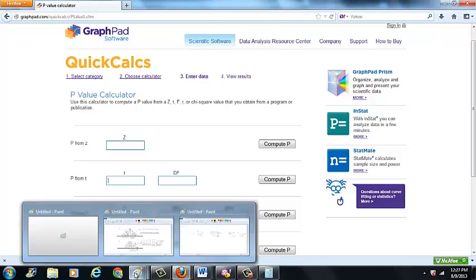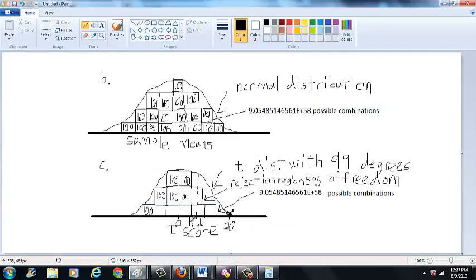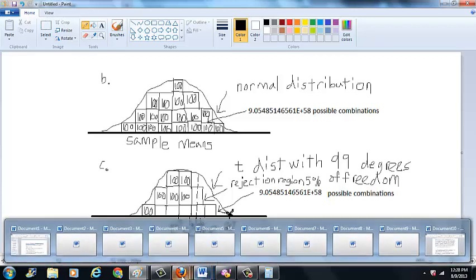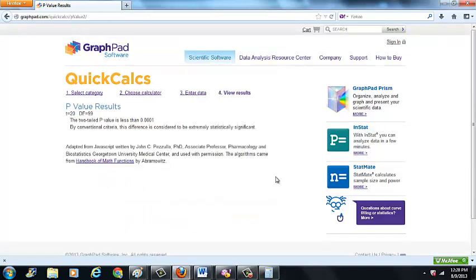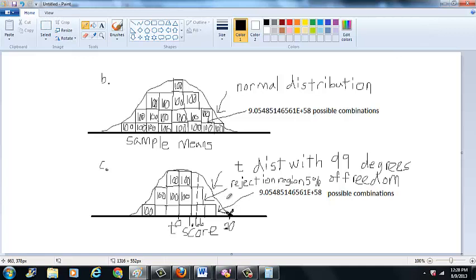We enter in our t-score, which was 20. We enter in our degrees of freedom, which was 99, because the degrees of freedom is our sample size minus 1. T-score of 20 with 99 degrees of freedom. Let's see what it says. Less than 0.001. The small p-value.